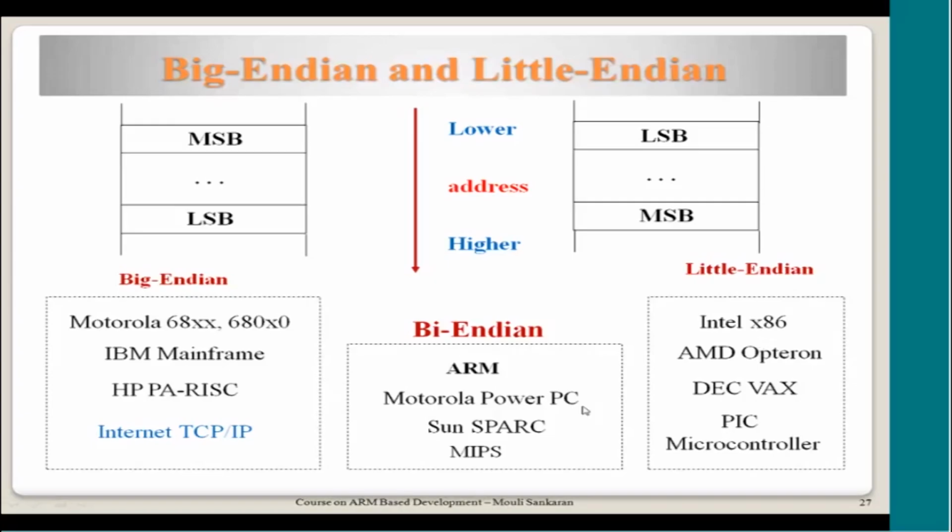It is configurable at power on, and it could even be changed while the program is running. But you need to be very careful: the endianness used for storing a value must be used to read it back, so that the correctness of the program and of the data read from memory is achieved.